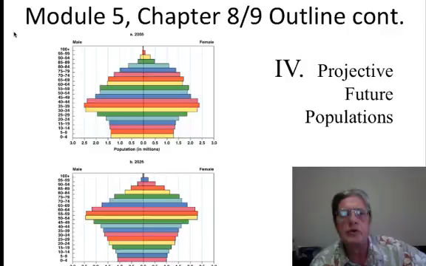Also in this chapter, we're going to look at some of the demographics of that population growth in both developed and developing countries, and how they differ in terms of projections of what kinds of issues the two different types of countries are going to have to deal with.